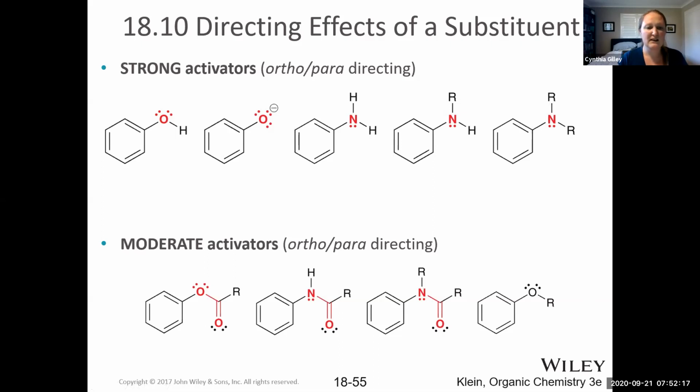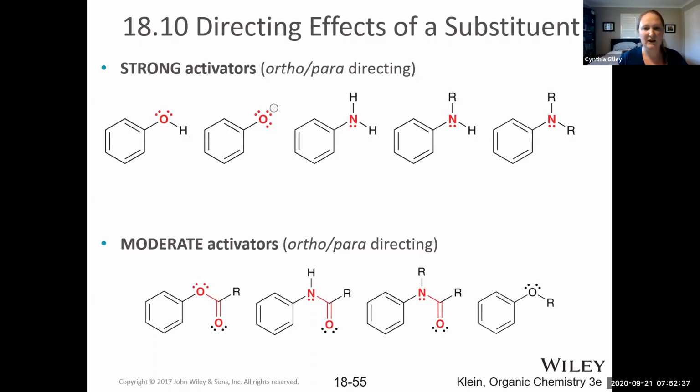But of course, this is determined based on rate, right? Rate of these substrates compared to benzene. So of course, somewhere there's going to be a line drawn in the sand. Everything on this side is considered moderate, everything on this side is considered strong, but where does somebody draw a line in rates?